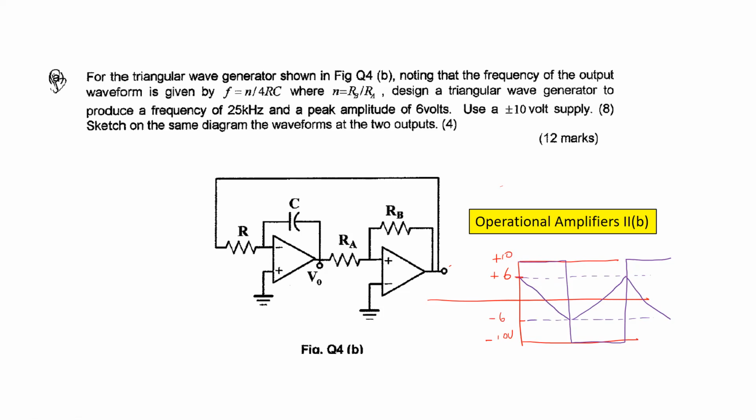But you have to give me a little assumption that if you're using a 12 volt supply, you have to assume plus or minus VSAT equal plus or minus VCC. Tell me that, okay?